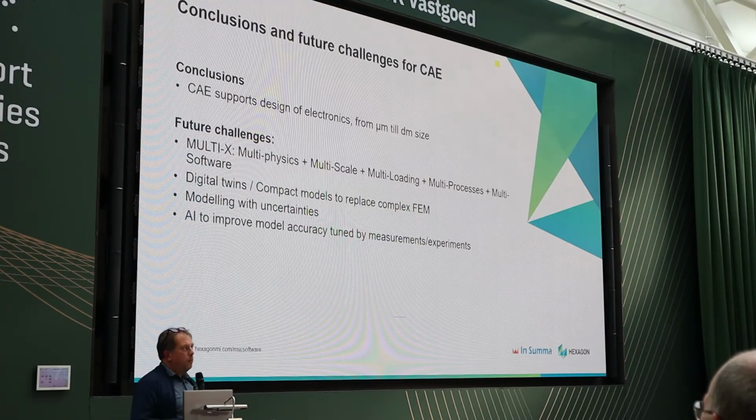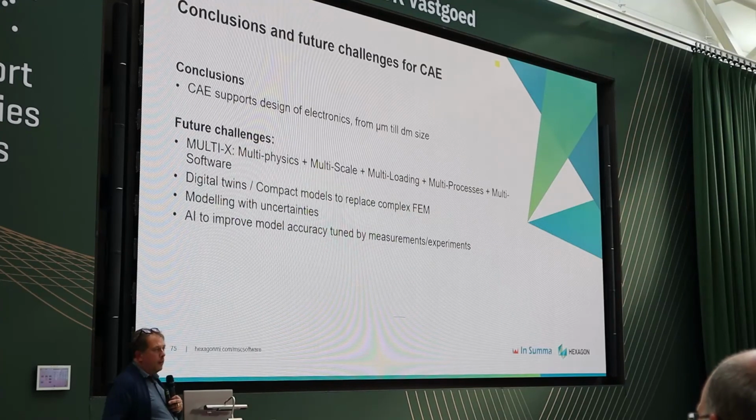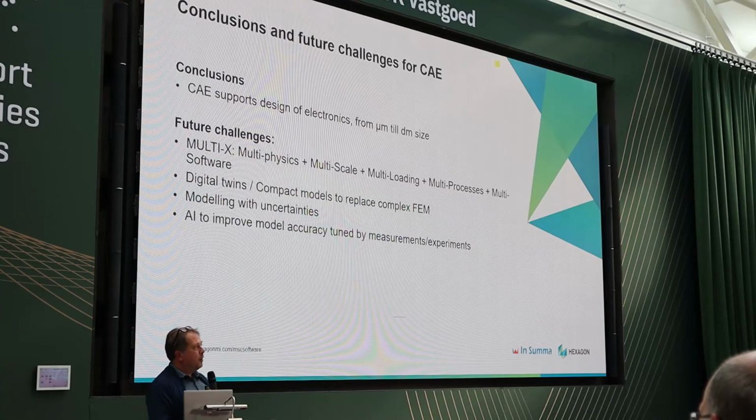And also more and more we interact with other companies or research centers who are using different software than the Hexagon software. Interaction is sometimes needed and it's quite challenging. Then another challenge is digital twins and compact models, which was nicely described in the previous presentation. It's about how to translate a complex FEM into a kind of digital twin or compact model.